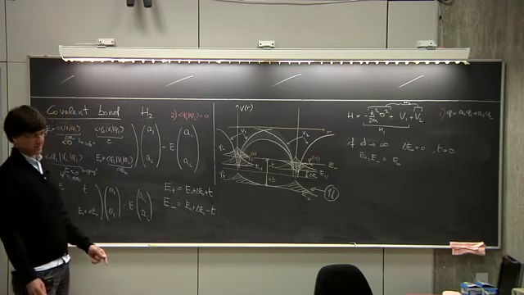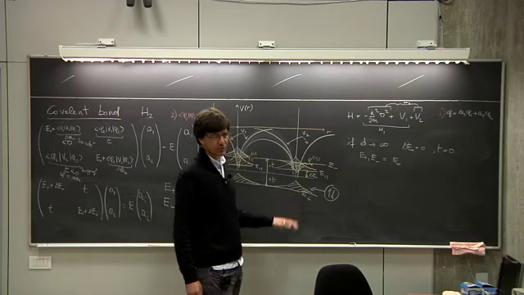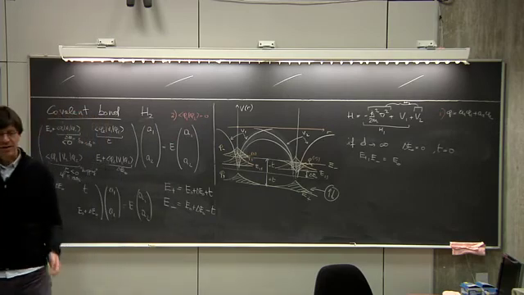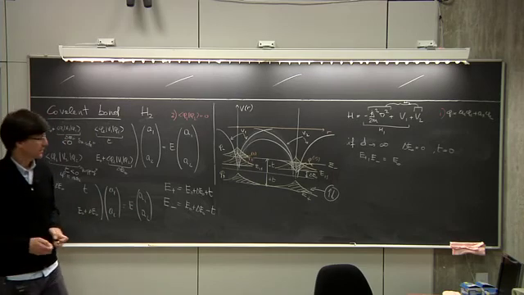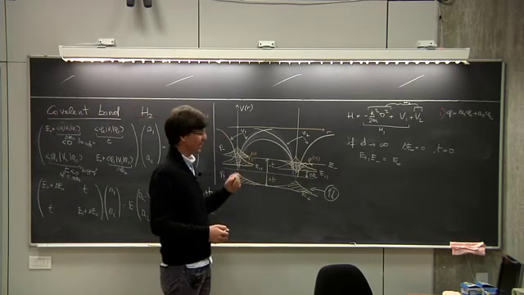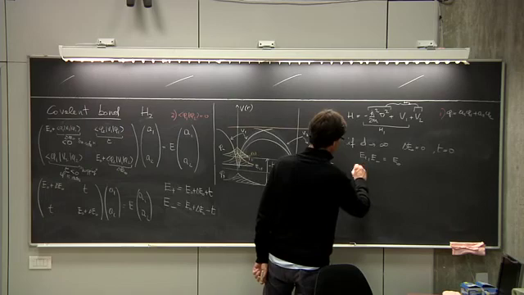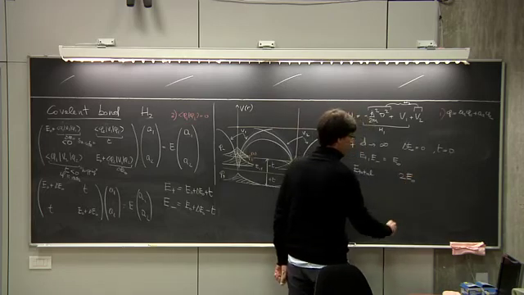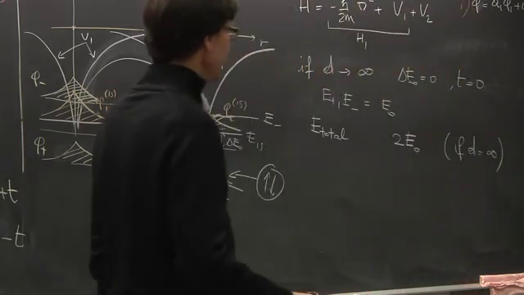Okay, first consequence of this exercise. What can I say about the overall energy of my system? What was the original energy of the system where the 2 atoms were infinitely far from one another? It was the 2 electrons in the 1s state, or E naught. So the total energy at the beginning, if D is infinity, was 2 E naught, twice the atomic energy.